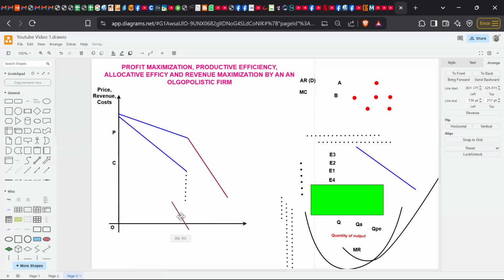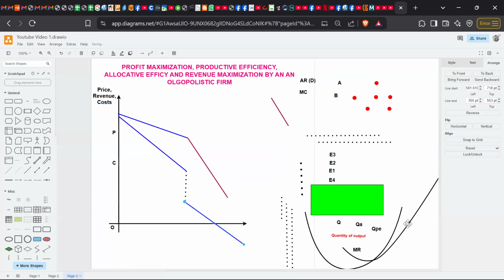So then we have that segment of the marginal revenue curve which is going to the negative portion of the marginal revenue curve.